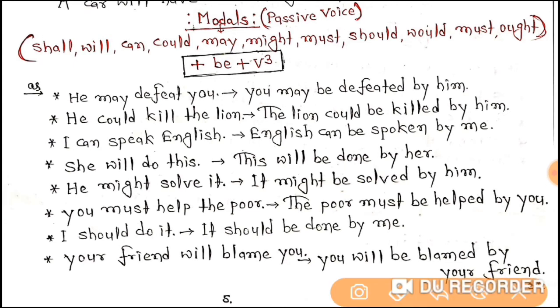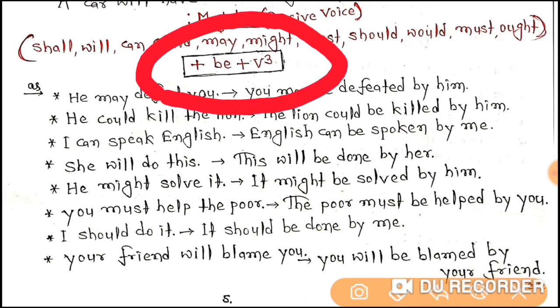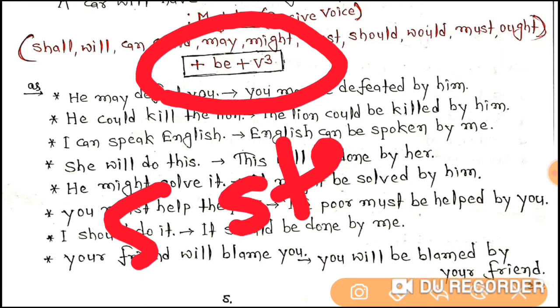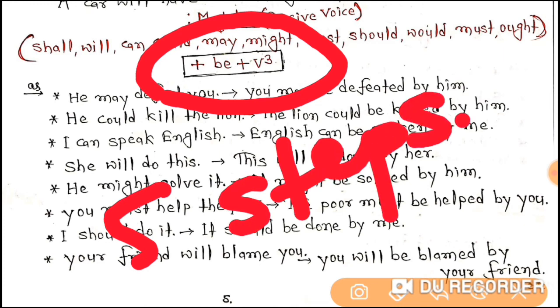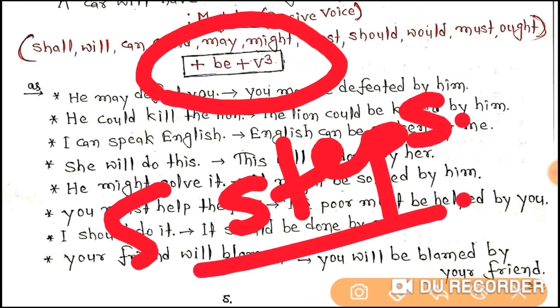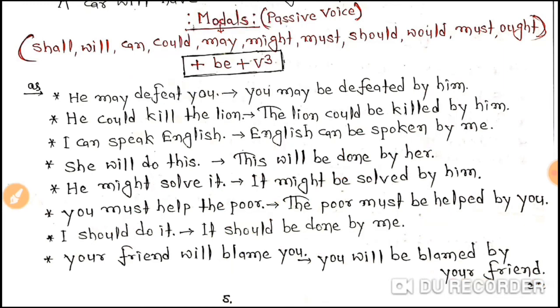We have to use be and V3 after modals, and as I had told you to use 5 steps for changing sentences into a passive voice. So all the 5 steps here too you have to use, but remember, with modals you have to use be and V3. Clear, students? So now let's change some sentences of modals into passive voice.